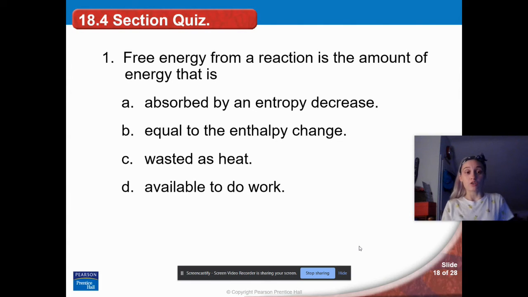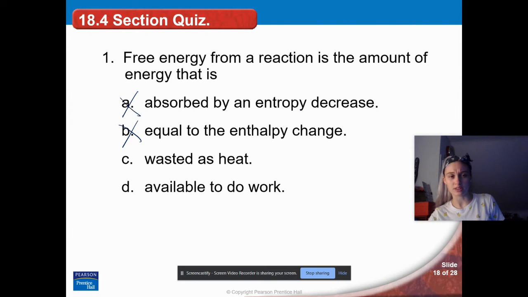So the first question is saying, free energy from a reaction is the amount of energy that is absorbed by an entropy decrease, equal to the enthalpy change, wasted as heat, or available to do work. So, we didn't say anything about enthalpy change being equal to any energy, so we know that this probably isn't true. We know that free energy is not absorbed by an entropy decrease.